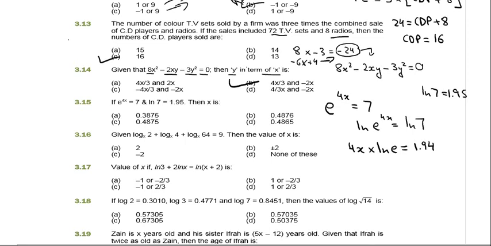We also know that ln e equals 1, so 4x into 1 equals 1.95, and therefore x equals 1.95 divided by 4. 1.95 divided by 4 equals 0.4875. So my answer will be C, 0.4875. This is my answer.